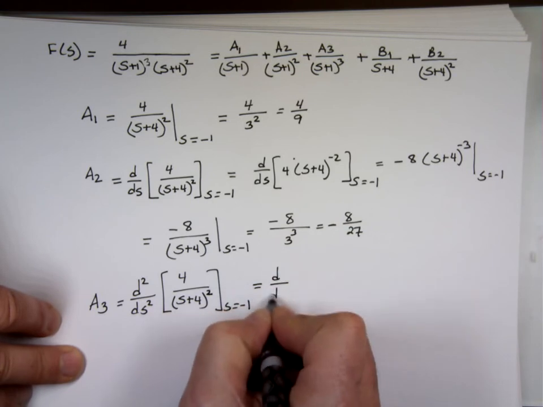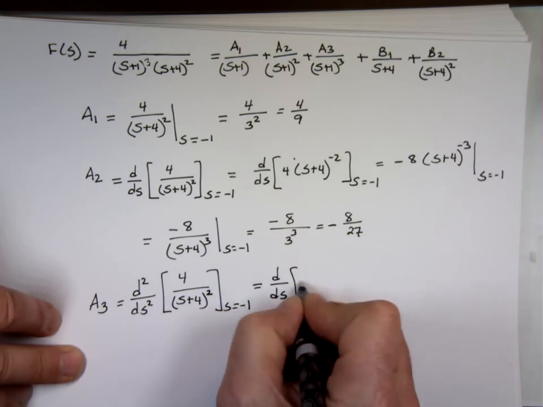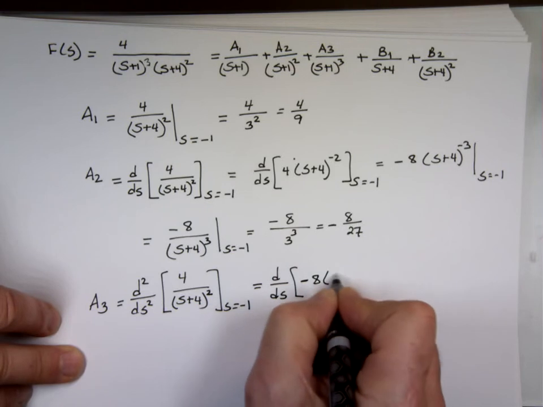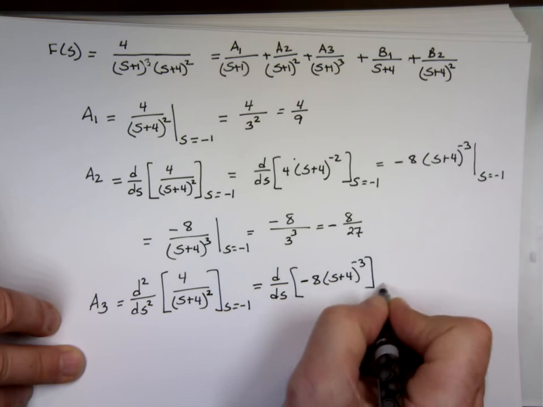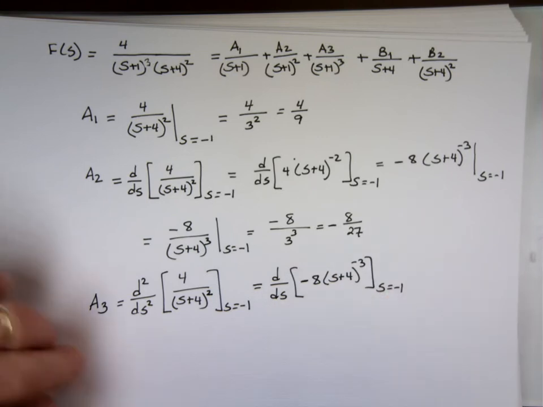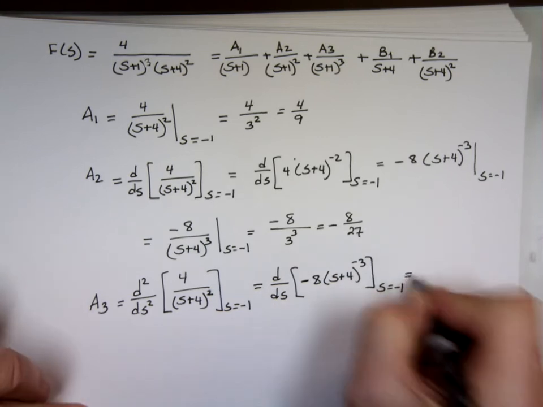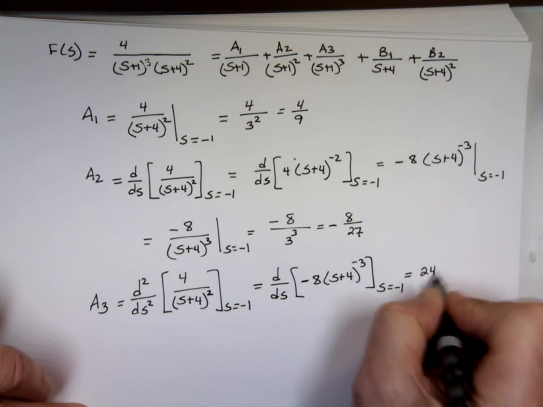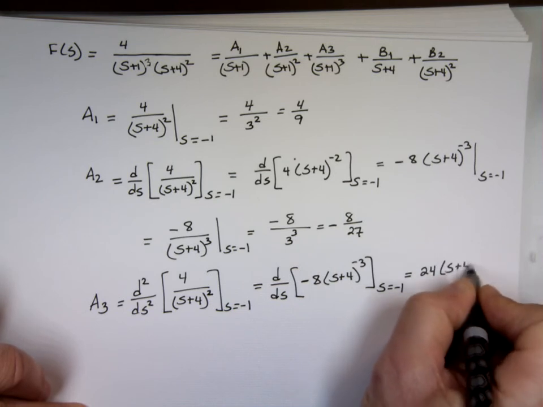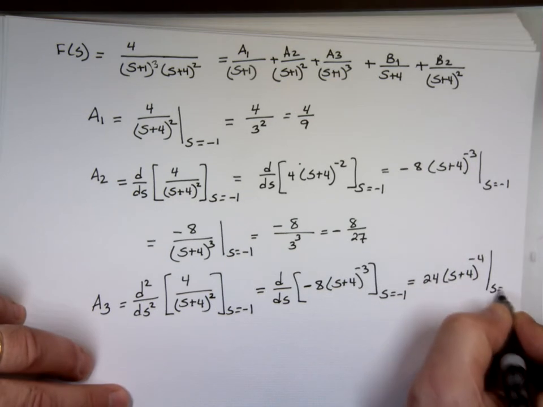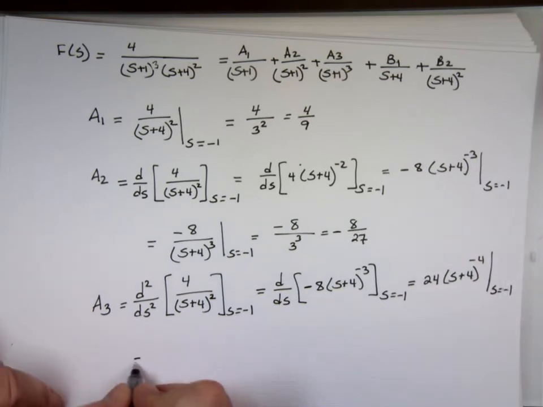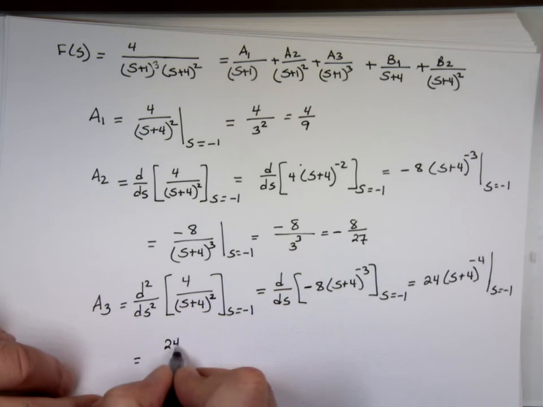The first derivative happens to be negative 8 times s plus 4 to the negative 3, and that will give me what? 3 times 8, 24 times s plus 4 to the negative 4, s equals negative 1. 24 over s plus 4 to the fourth.